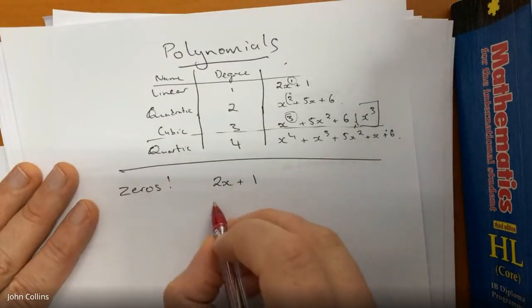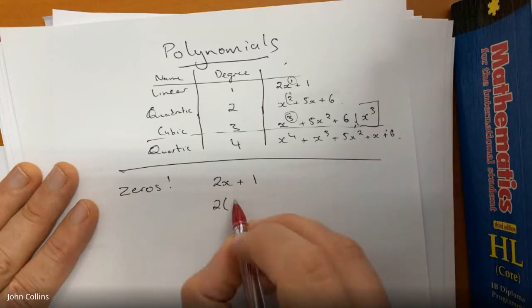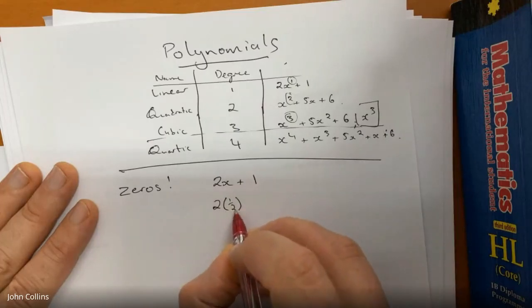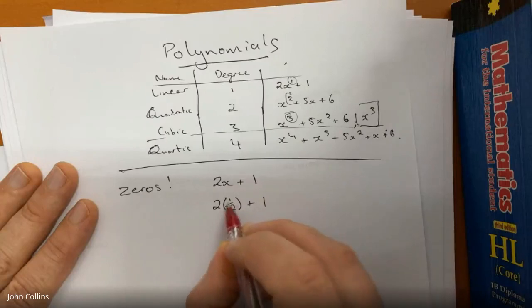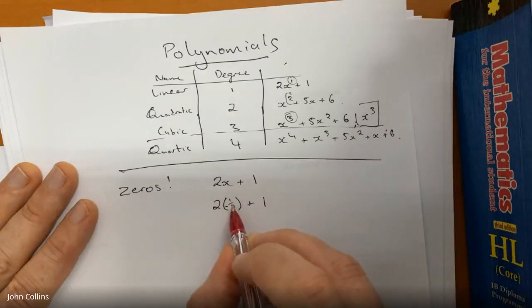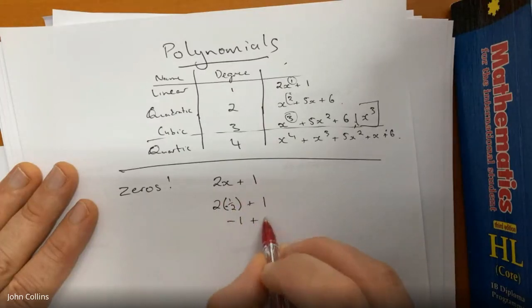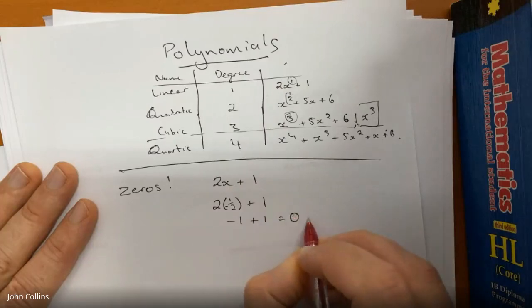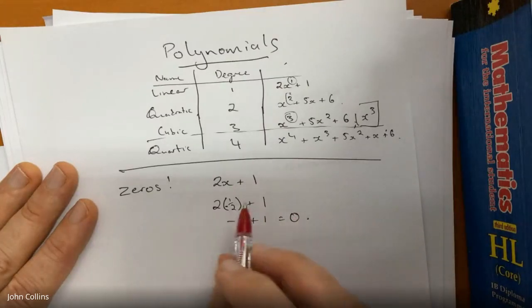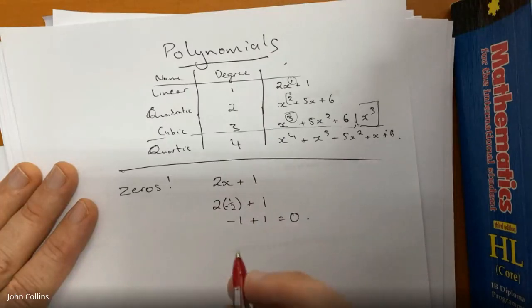Well, if I replace x with negative a half, I will get a 0, because 2 times negative a half is negative 1, minus 1 plus 1 gives 0, so that is a 0. So the 0 of this is negative a half.